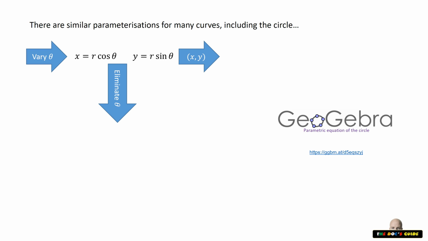And if we eliminate theta, and you might remember how we do this, we make use of the trig identity that sine squared theta plus cos squared theta equals 1. When we do that, then we end up with the Cartesian equation for a circle, x squared plus y squared equals r squared.